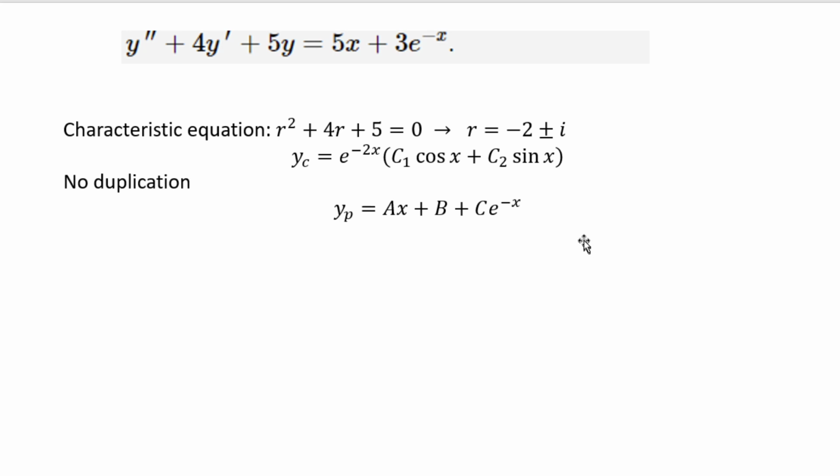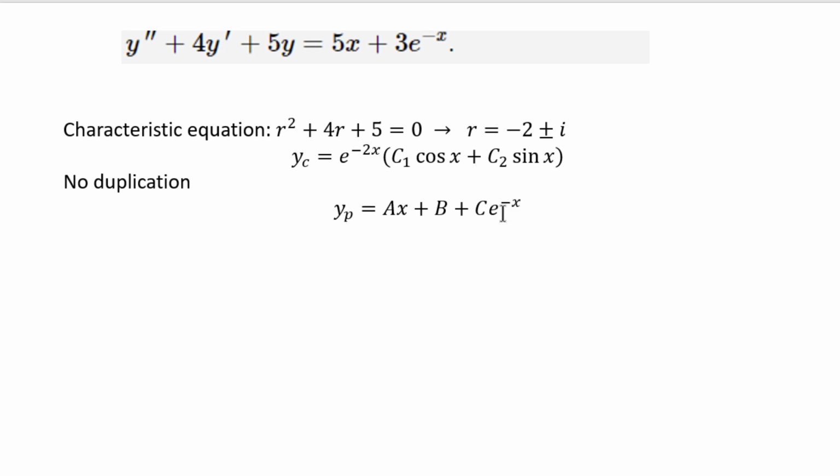Now, when you write your form of the particular solution via the method of undetermined coefficients, it's important to check whether any of your terms are duplicated in the complementary solution. If it is, then the corresponding terms must be multiplied by x.